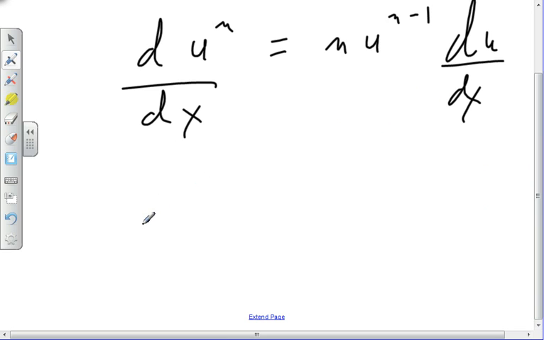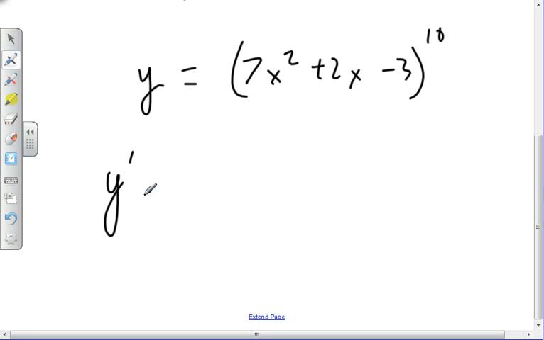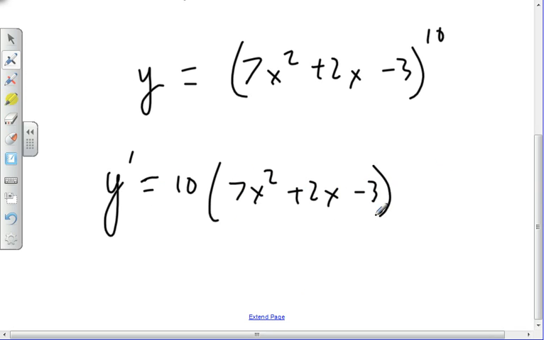So if y is equal to 7x squared plus 2x minus 3 raised to the 10th power, then y prime would be 10 times 7x squared plus 2x minus 3 raised to the 9th power times the derivative of what's on the inside, 14x plus 2.